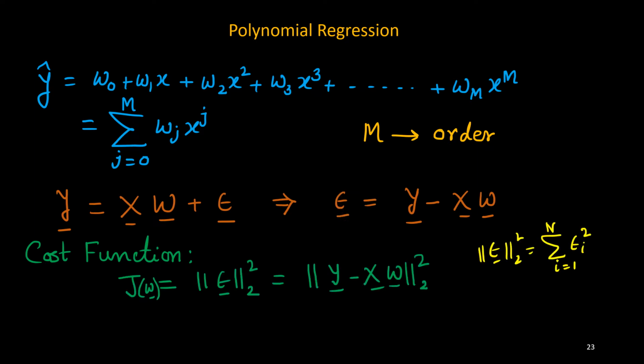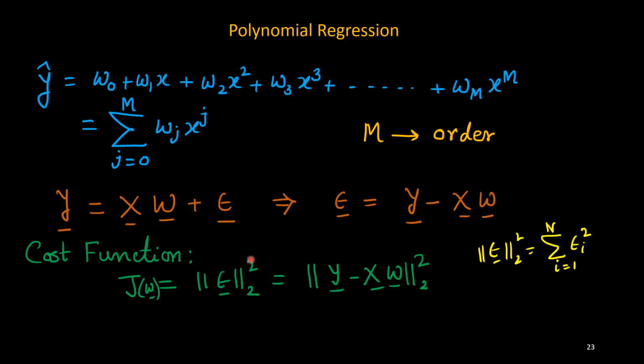We can consider the simple one, norm2 square. So J of w will be the norm2 square of this error vector, y minus Xw. You know that norm2 square is the summation of the squares of each term: epsilon 1 square plus epsilon 2 square plus epsilon 3 square, up to epsilon n square.